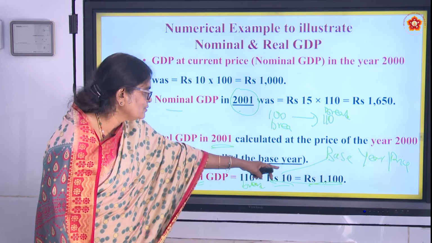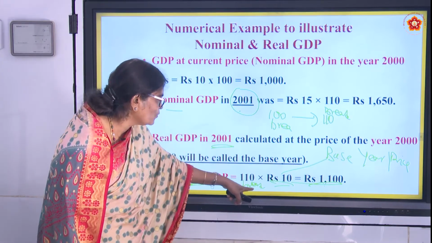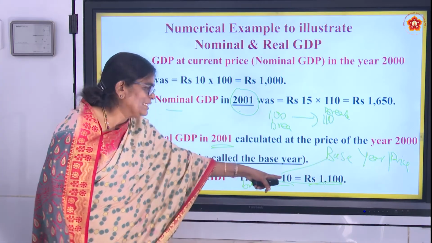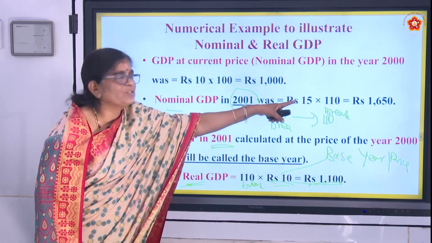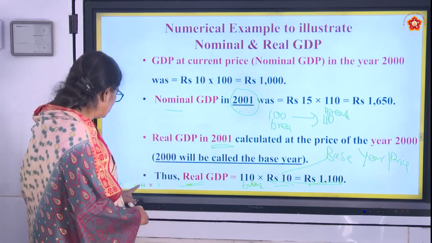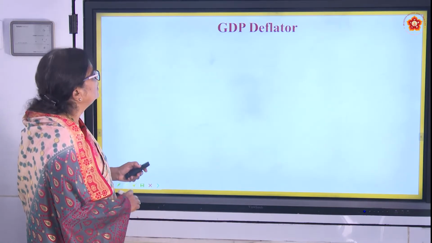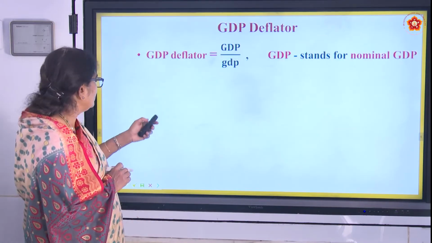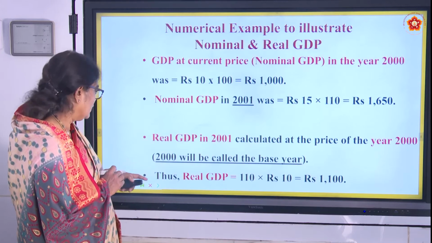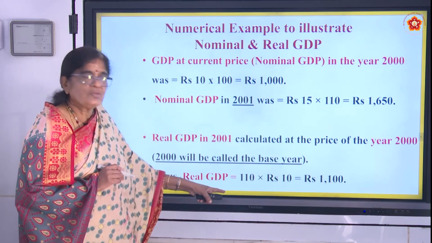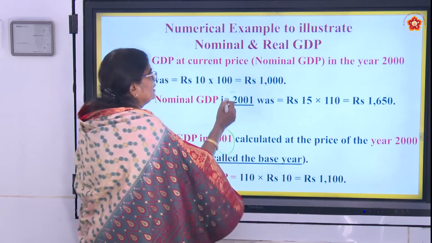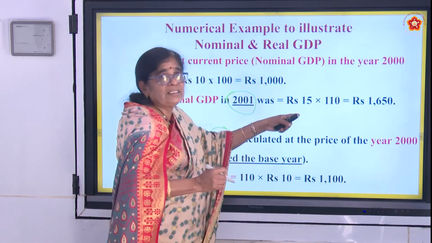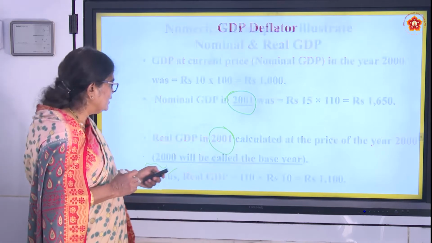Because the price was kept under control, real GDP is less. Here the current price was used, so GDP was more. I hope you understood.